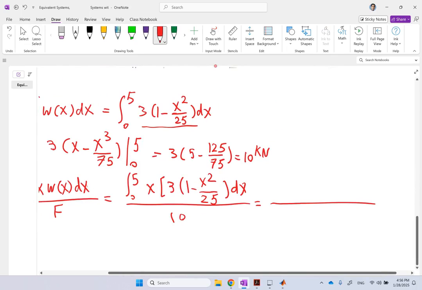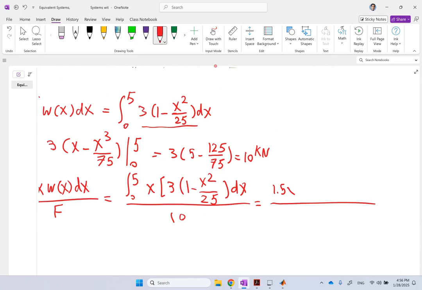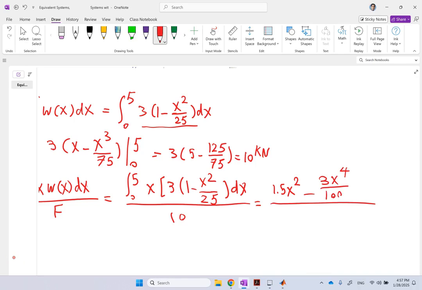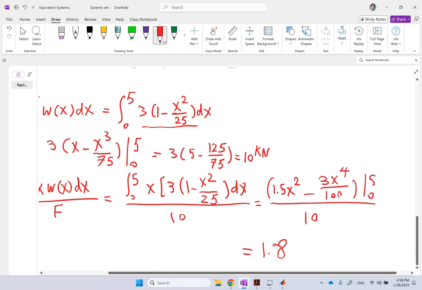So that is 3x, so you're going to get 1.5x squared, minus, from x cubed, you're going to get x to the 4. There is a 3 here, so it's going to be 3x to the 4 over 100, and over this whole thing calculated at 5 and 0. Of course, at 0 it's 0, over 10, and you should be getting 1.875 meters.